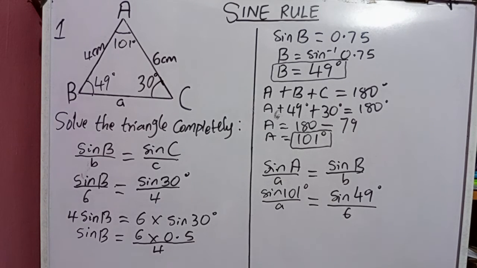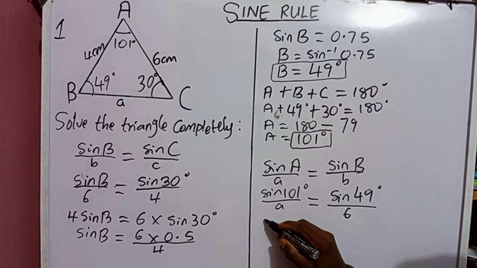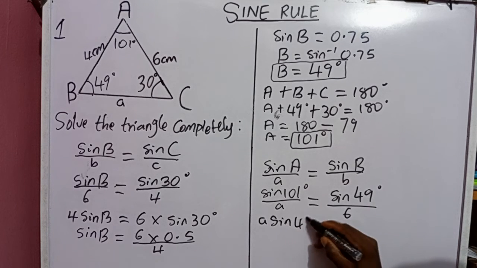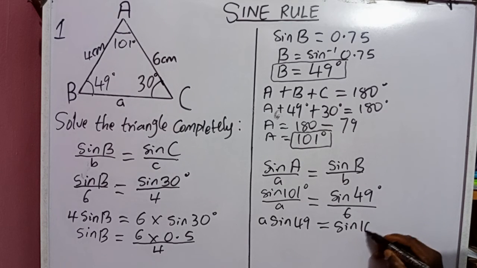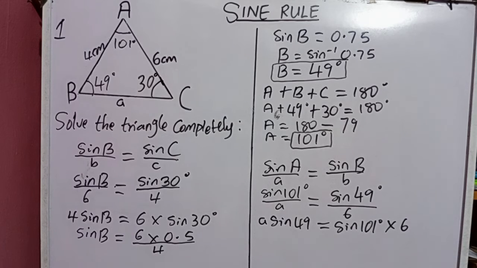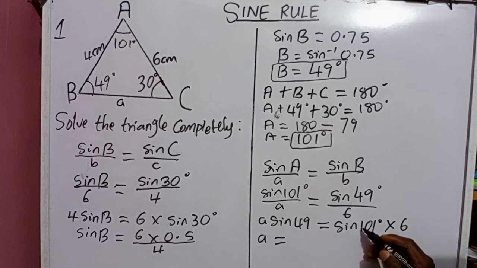So we cross multiply. When we cross multiply, it is now going to be a sine 49 is equal to sine 101 degrees multiplied by 6. That is exactly what we are to have there. Then finally, divide both sides by the coefficient of a. The coefficient of a becomes sine 49.